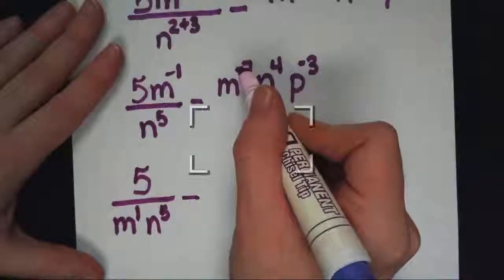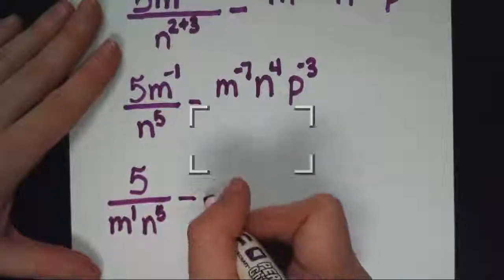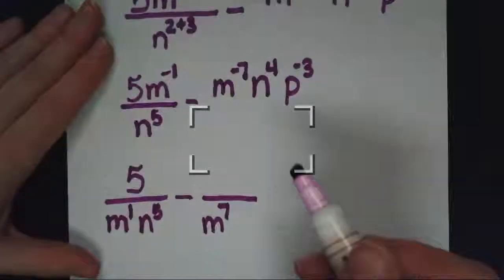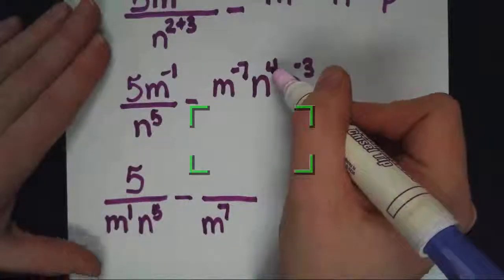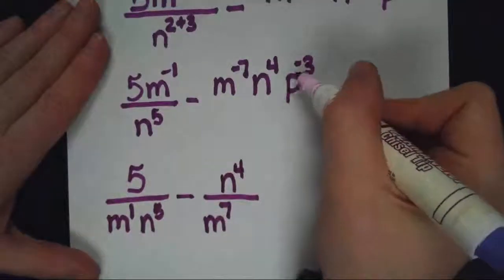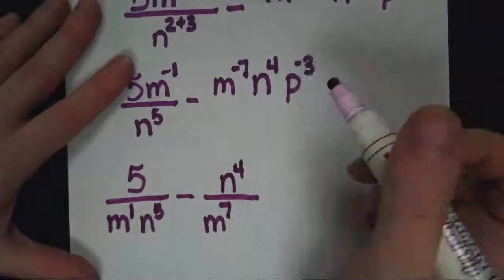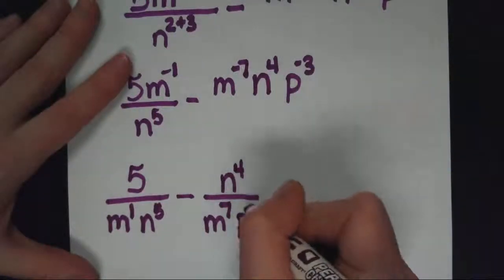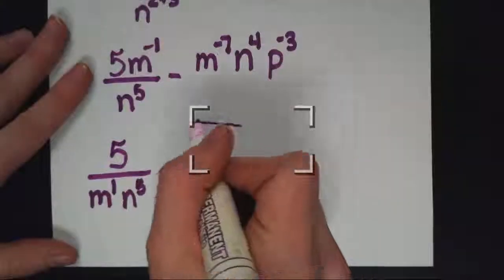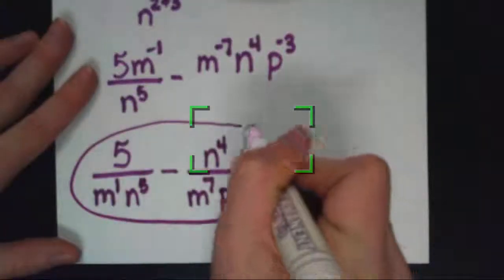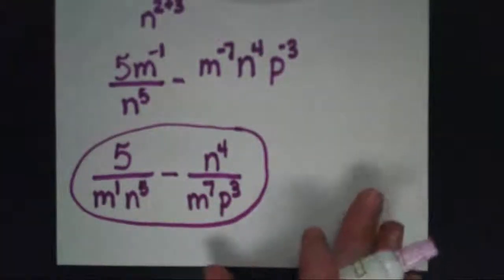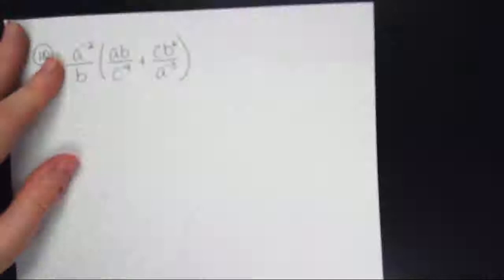Now my m to the negative 7th, since it has a negative exponent, it needs to move into the denominator, and its exponent becomes positive. My n has a positive power in the numerator, so it's going to stay in the numerator. And my p has a negative power in the numerator, so it needs to move to the denominator, and its power becomes positive. Now, this is the simplified form of the original problem.